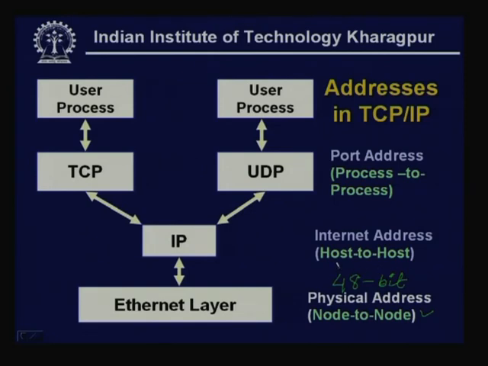On the other hand, the internet address, that is the IP address, is from host to host, a 32 bit address, as we discussed in the last lecture. Now, there are port addresses which essentially identify processes. So it is for process to process communication, and it is 16 bit. So we now have three different types of addresses used in TCP/IP: the physical address, the internet address, and the port address.